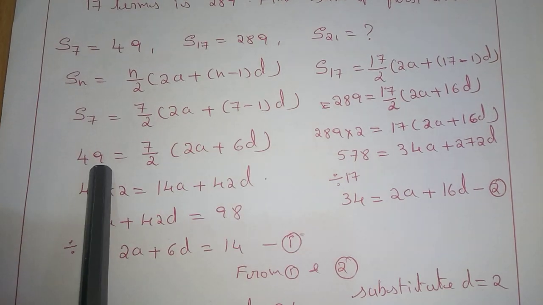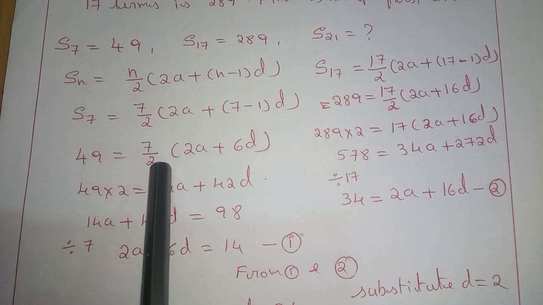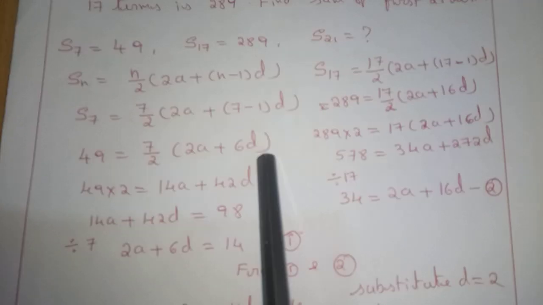In place of S7, 49. 7 by 2 into 2a plus 6d.